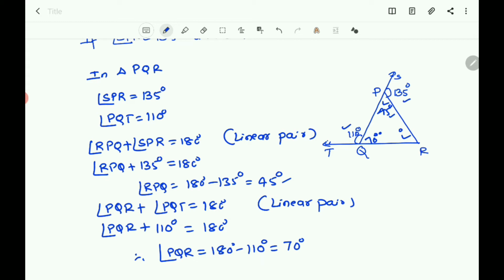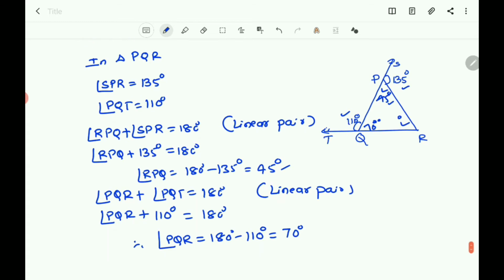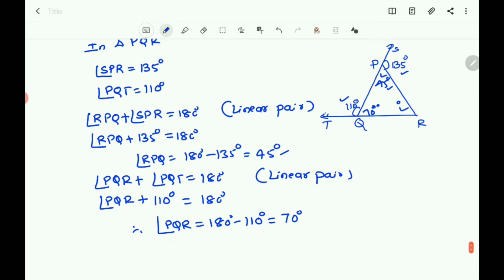Any one you can use, or by using the angle sum property you can find angle R, that is 180 minus the sum of the two angles. So to get R, you take angle RPQ.